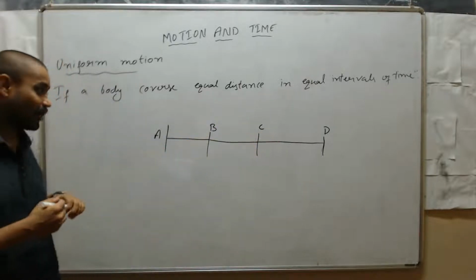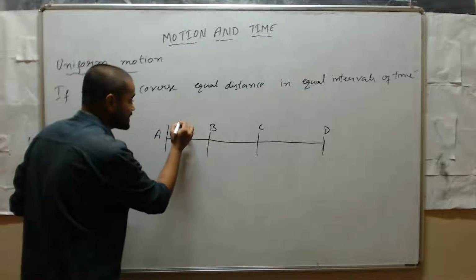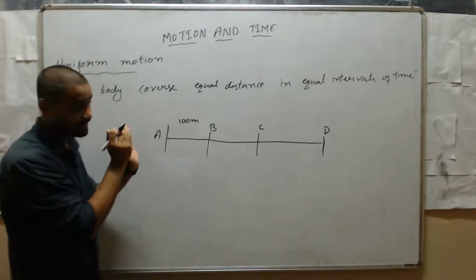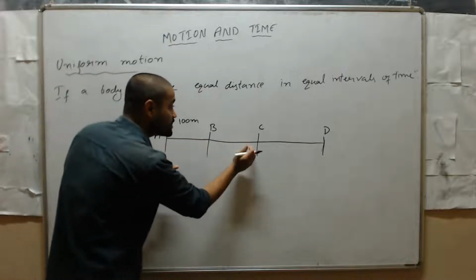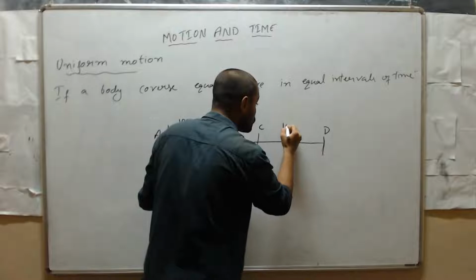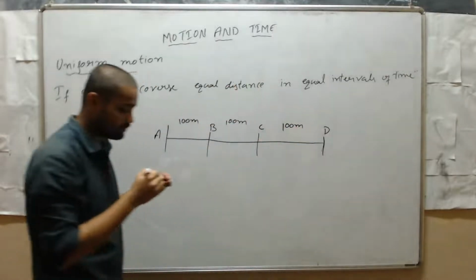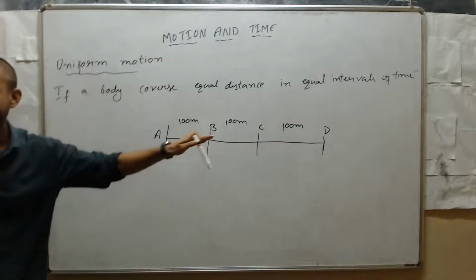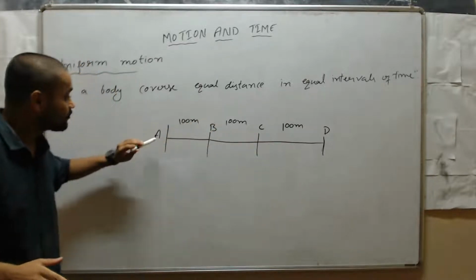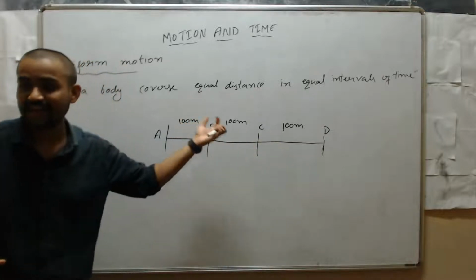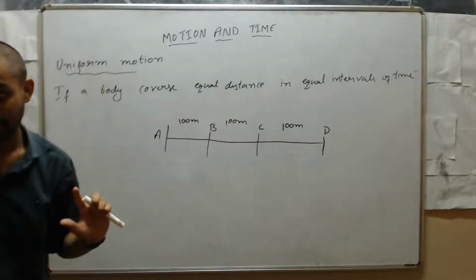From A to B it is 100 meters, and B to C is also 100 meters, and C to D is also 100 meters. So A to B, B to C and C to D are equal distances, 100 meters each.